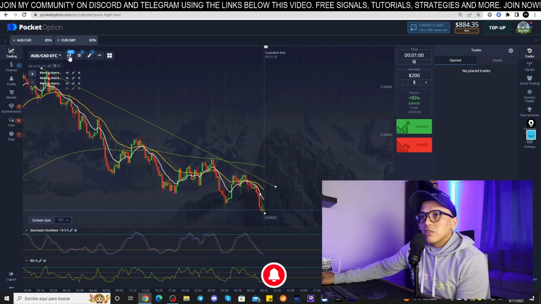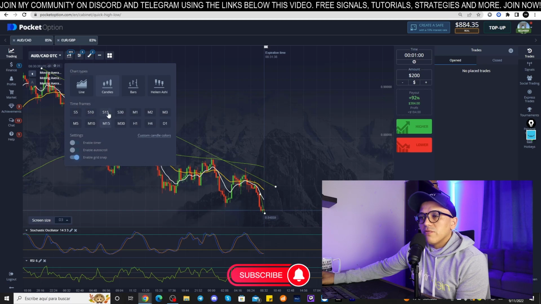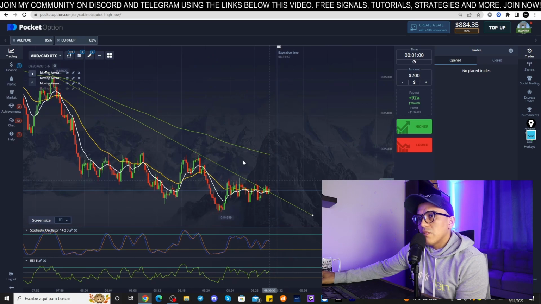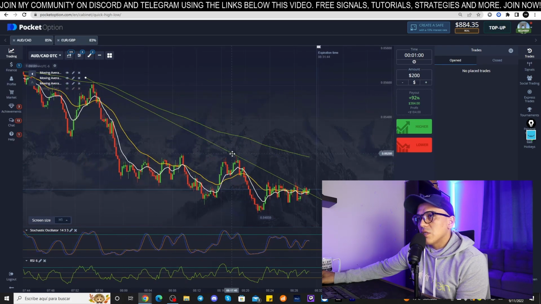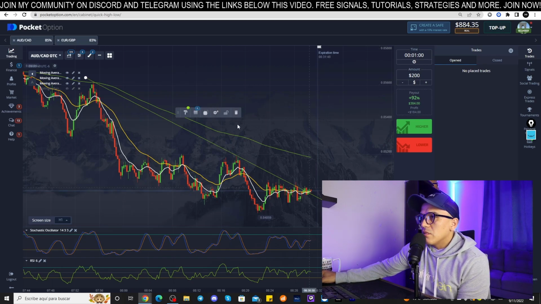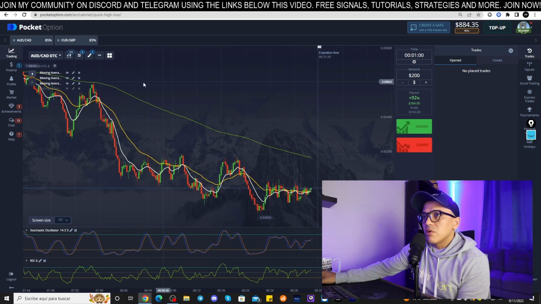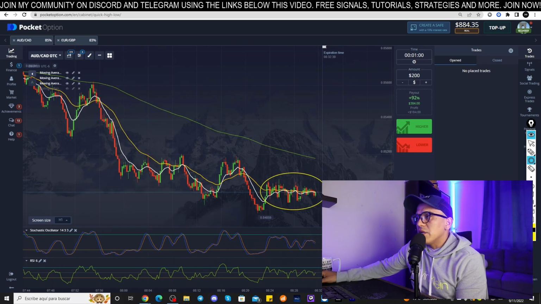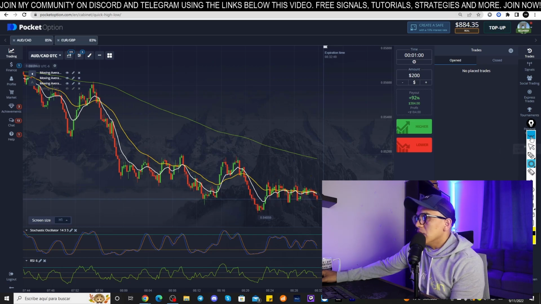So let's change the time frame to 15 seconds. Okay, this is the first line we're using. We have a downtrend in short periods, so we need to try to find this type of confirmation before taking the trade. Here the market is consolidating, gathering more information and money, waiting to change direction or go down again.